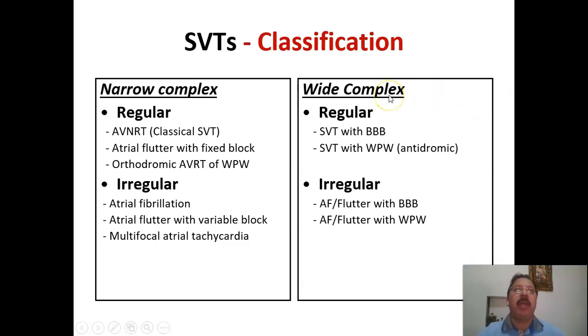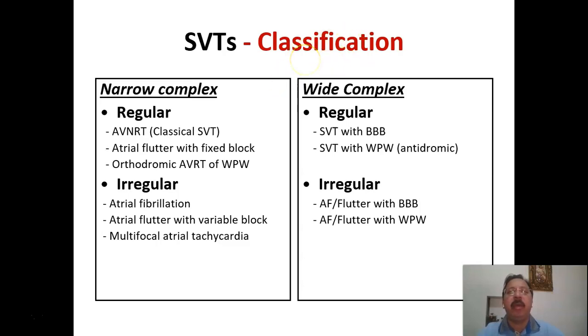SVT can be wide complex, especially if the arrhythmia originates from the atria, but when the impulse moves down to the ventricle, it may get blocked in one of the bundle branches, right or left, and the supraventricular tachyarrhythmia may become wide.